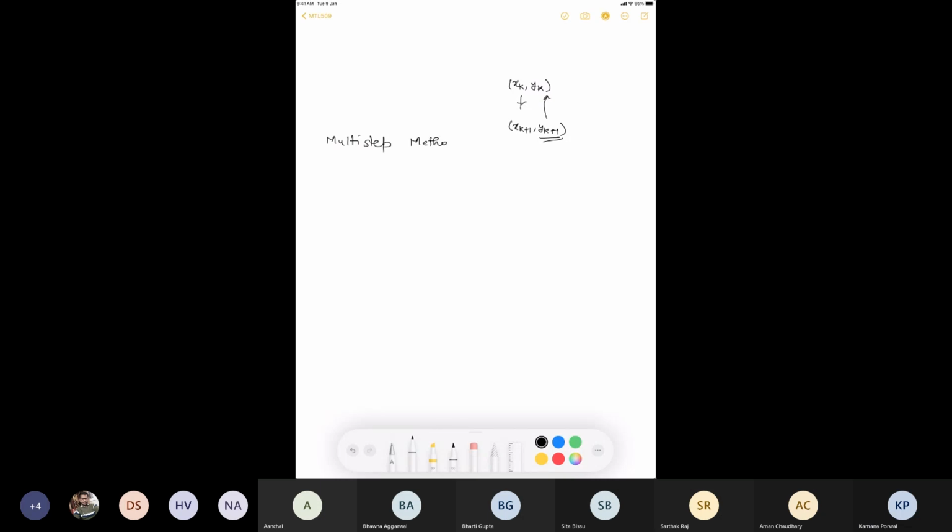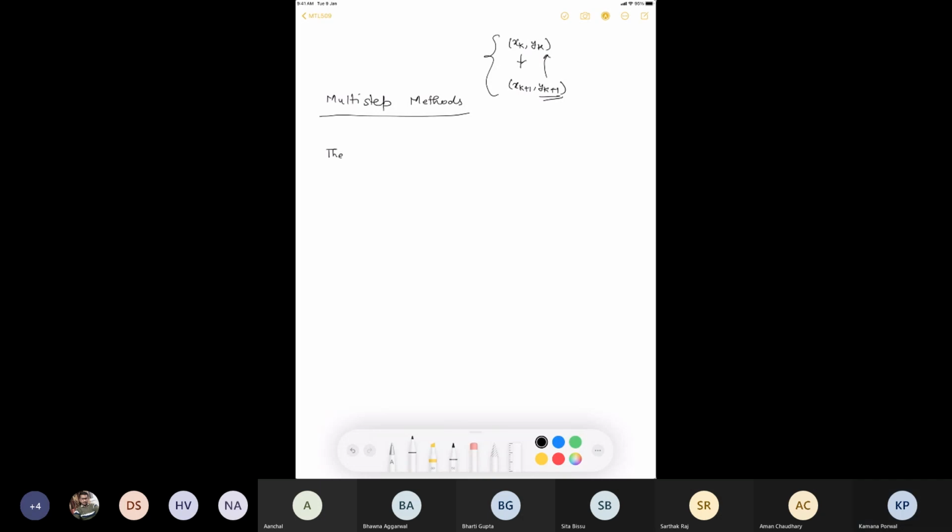So let's first understand how these methods differ from the methods which we have discussed just now. Let's write down the same thing I have written here, and then I'll differentiate what we do in the multi-step.